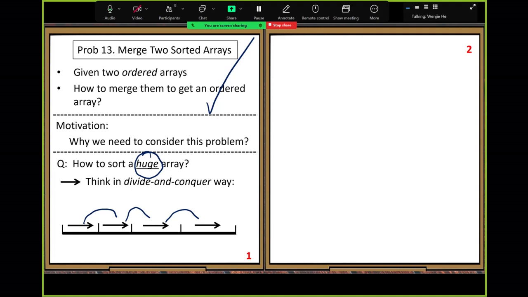Think about it: if we have 4 subarrays, when you merge any 2 of the 4 subarrays, you have many different ways to merge. But there must be one way that is the fastest. So how to get the fastest way?